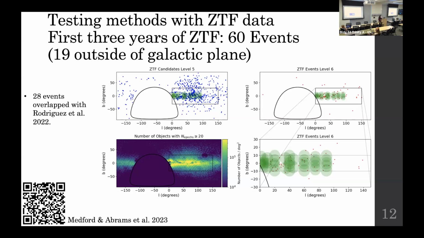There were about 1,000 events at the level 5 stage that we had to go through by eye. And so one question when we get to Rubin, we're going to have a lot more events: is it still going to be feasible to have this sort of by-eye thing at the end? How can we improve it so we can minimize the number of events that are going to be at that stage?